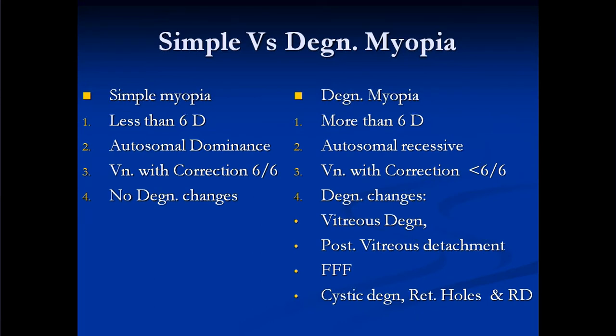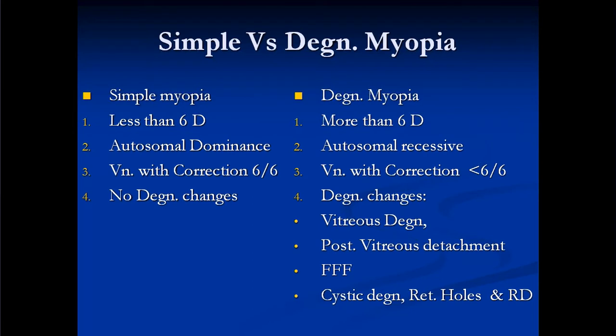If you look at degenerative myopia or pathological myopia, usually the refractive error will be more than 6 diopters, and the transmission is autosomal recessive, and vision with correction is less than 6/6. That means full correction is not possible.